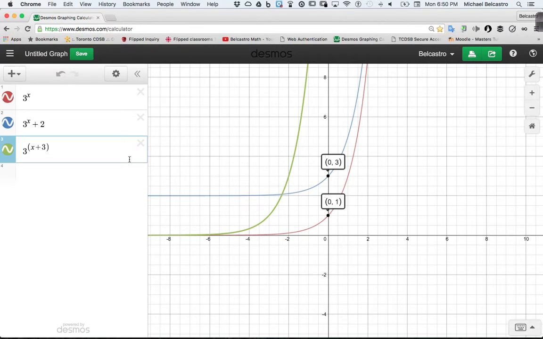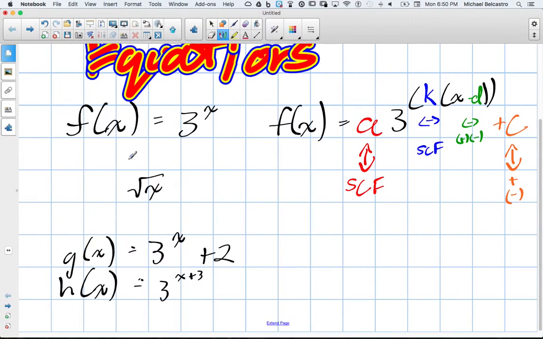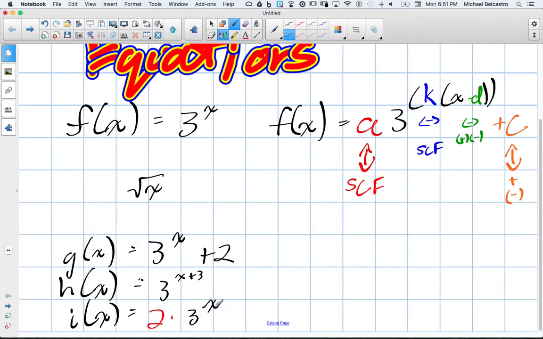Now, the next thing we're going to work with are stretches and compressions, which are a little more complex. Say we have i of x. I'm just going to write in the a value since we can deduce what they are from here. It's going to be 2 times 3^x. What this means is this is going to be stretched vertically by a factor of 2. Think of it like you've taken an elastic band and pulled it upwards.